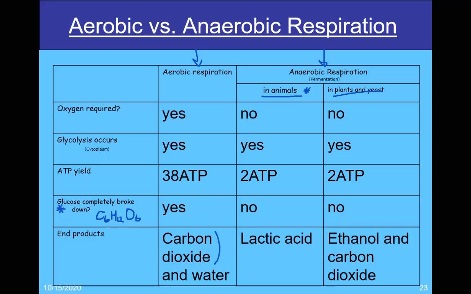We've broken that molecule down as completely as possible. 6 carbons up here, 1 carbon right here. Versus fermentation in animals, producing lactic acid, and anaerobic respiration, producing ethanol and carbon dioxide. So you do get a little bit of carbon dioxide here, but it's still not breaking the glucose molecule down all the way.